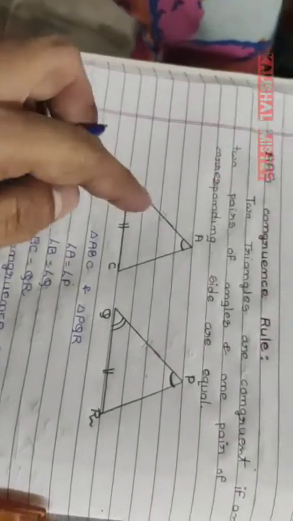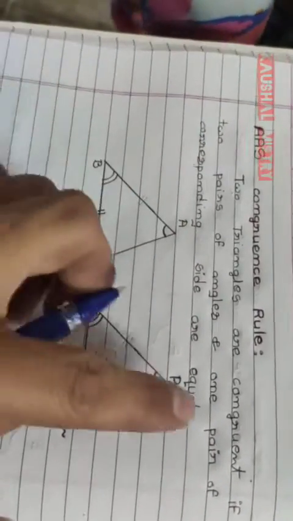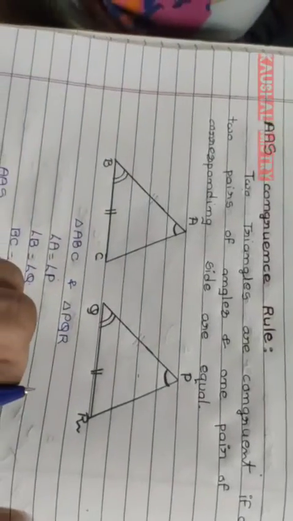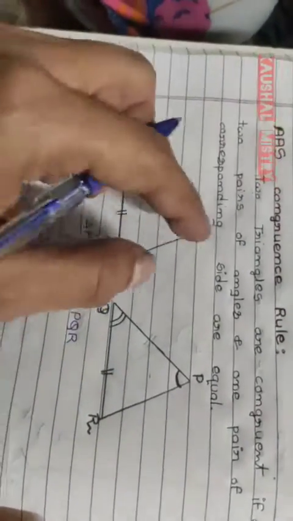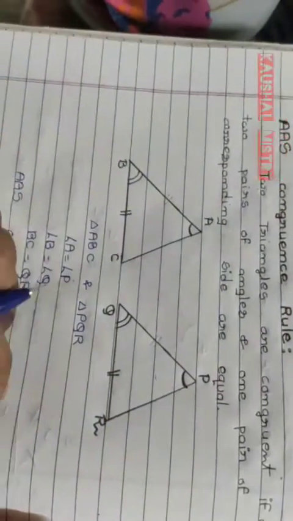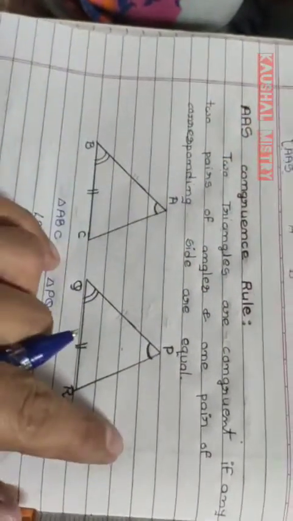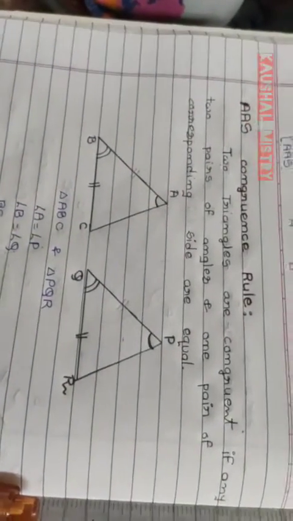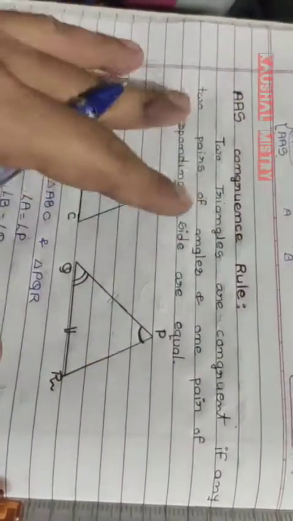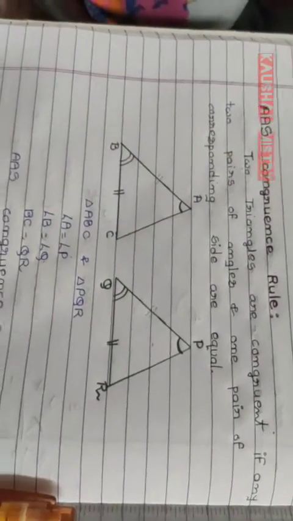That means if it is the ASA congruence rule, then the side must be AB equal to PQ, between the angles at A, B and P, Q. But in the AAS congruence rule, if two angles and one side are equal, then these two triangles are congruent, right?